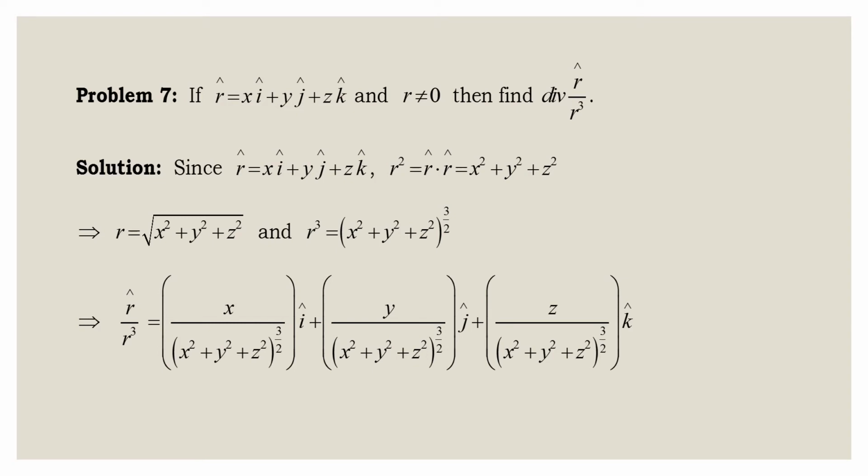This again becomes r cap by r cube equals x by (x² plus y² plus z²)^(3/2) i cap plus y by (x² plus y² plus z²)^(3/2) j cap plus z by (x² plus y² plus z²)^(3/2) k cap.